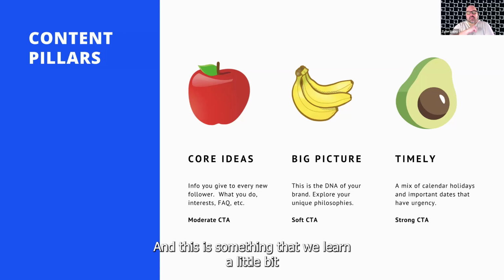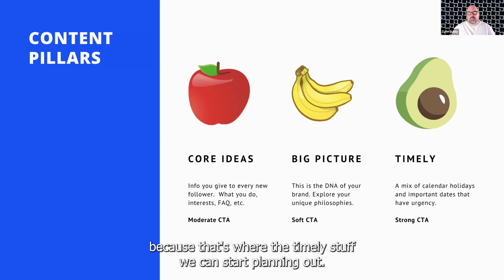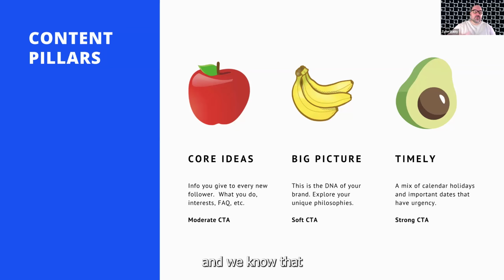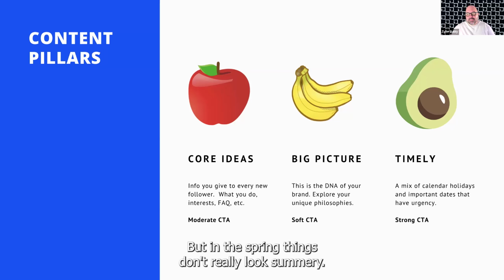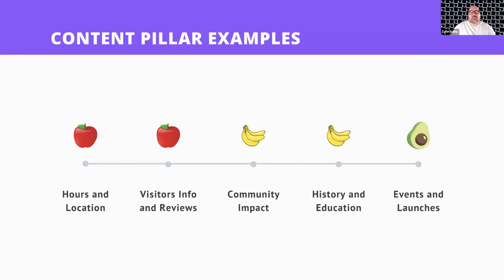We learn more about this as we start planning annually. For example, if you're a summer-only attraction, we need to promote that in the spring, but in the spring things don't really look summery. So knowing your timely pillars is really important.